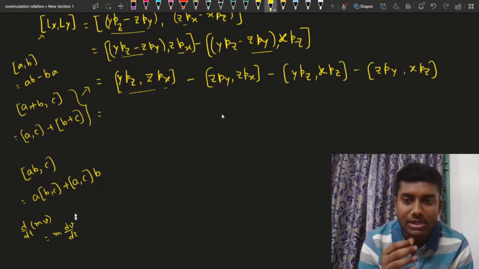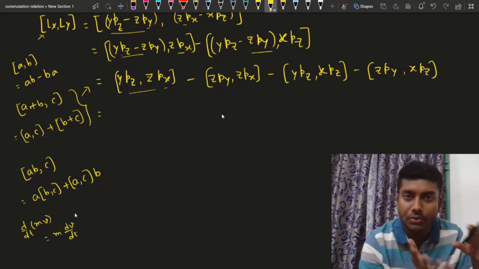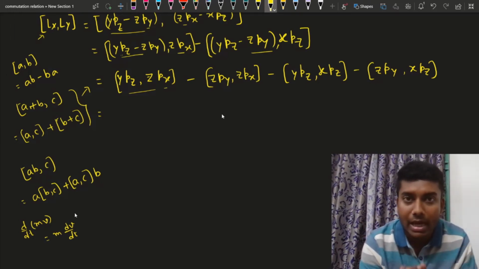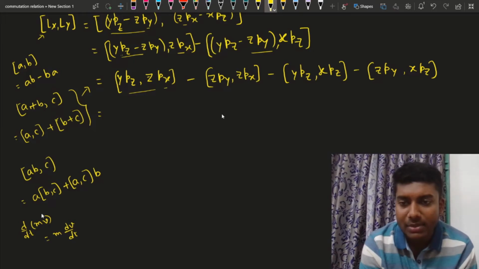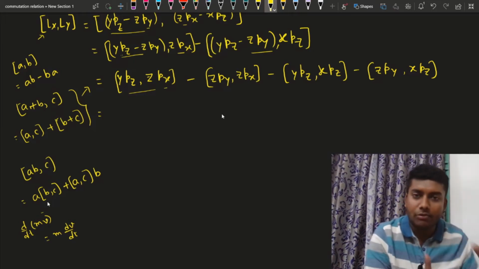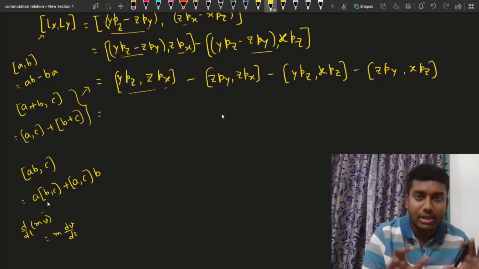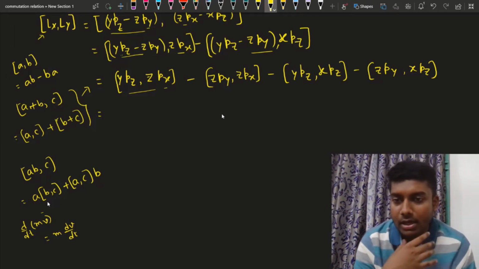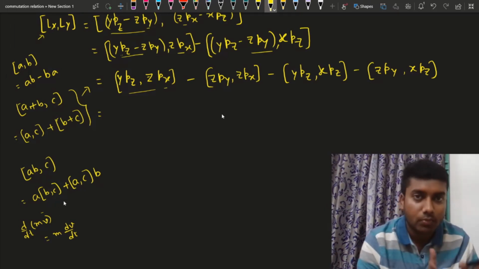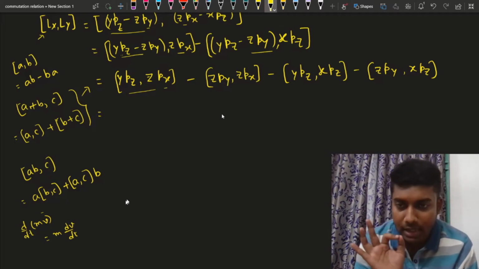In quantum mechanics, when you work with operators, you have to strictly follow this rule. In classical mechanics, if you do it in any way, it does not matter very much. But in quantum mechanics this matters.